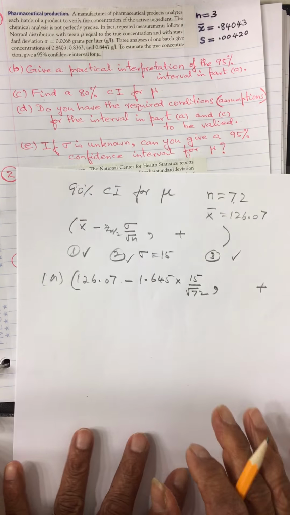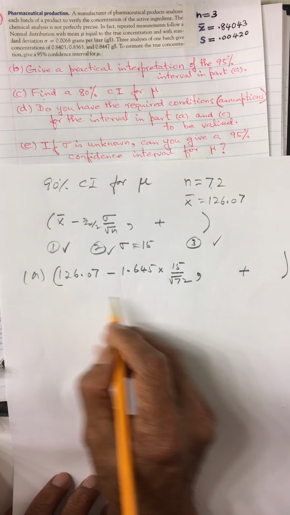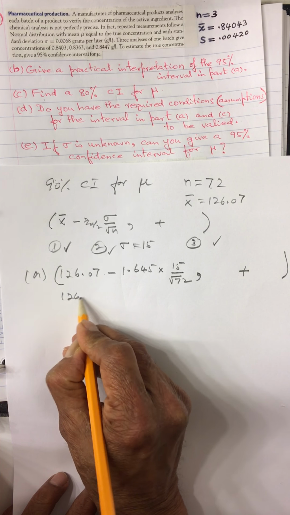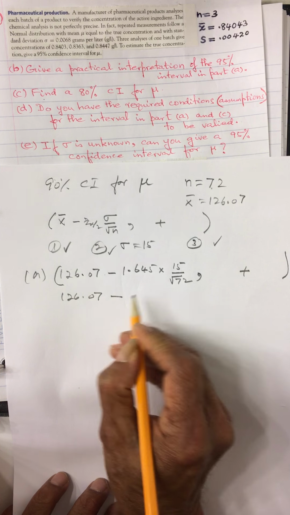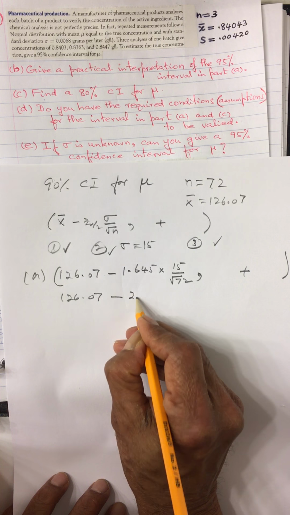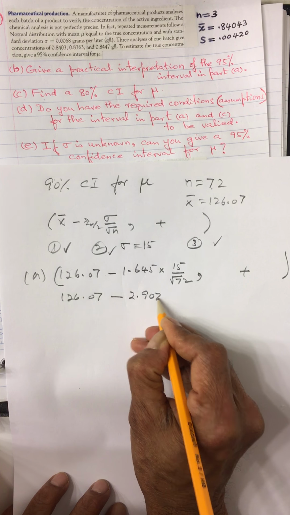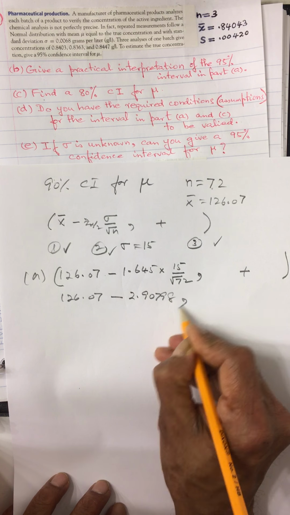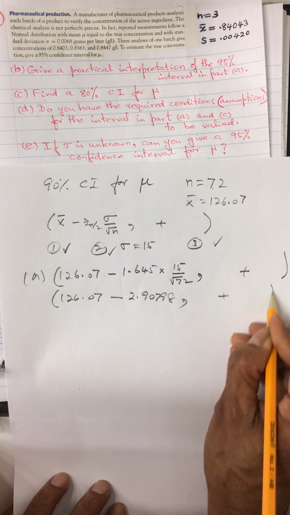All right, so this value is going to be 126.07 minus 2.90798, and that with the plus sign.